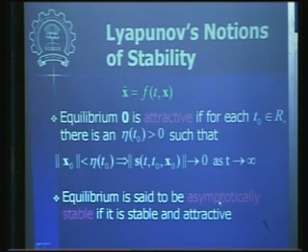So we will see mainly these two notions, stability and asymptotic stability. For asymptotic stability we will first need to understand what an attractive equilibrium is.